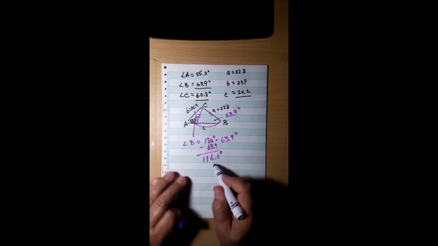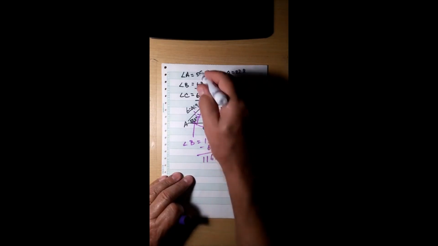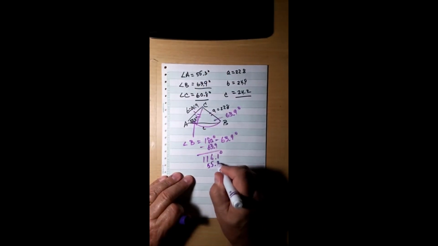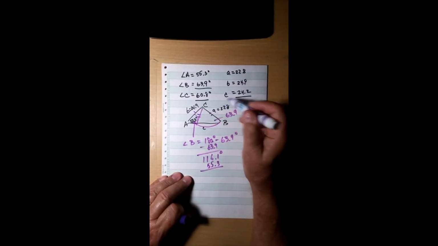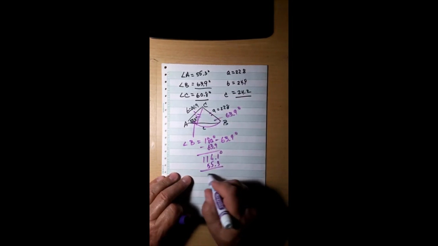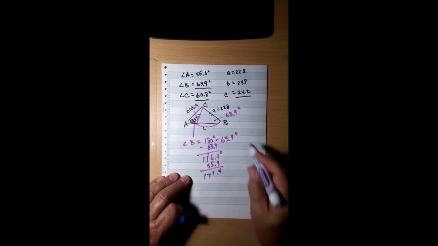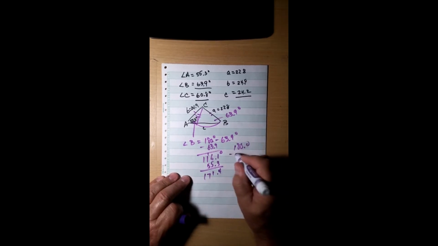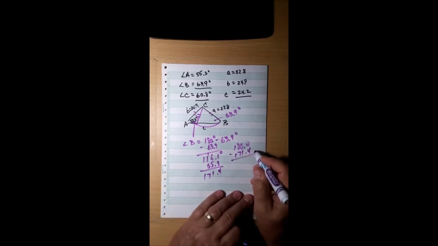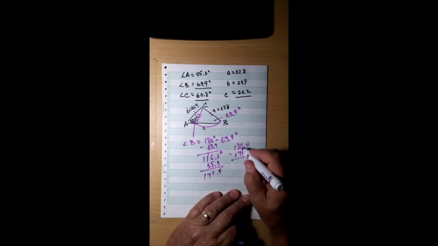That may or may not be good. Remember, we need to have enough for three angles. We've got to have the 55.3. We said the only other choice then for angle B would be this 116.1. Add them together, we get 171.4. Yes, 180 minus 171.4. We've got room for another angle. 10 minus 4, 6. 9 minus 1 is 8.